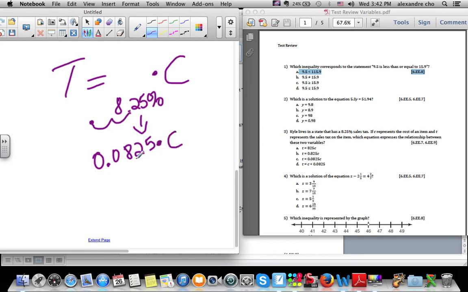So you're going to multiply the tax rate times the price of the sweater, the book, or whatever you're buying to find your tax, actually. So this one, 825, is not it. B is 0.825, no, and C is the only one that has the percent expressed as a decimal correctly. Final answer for 3 is C.